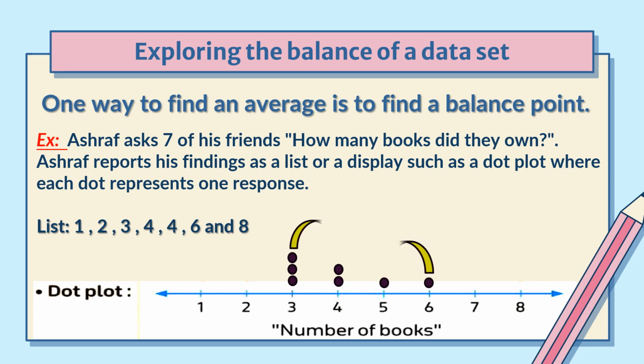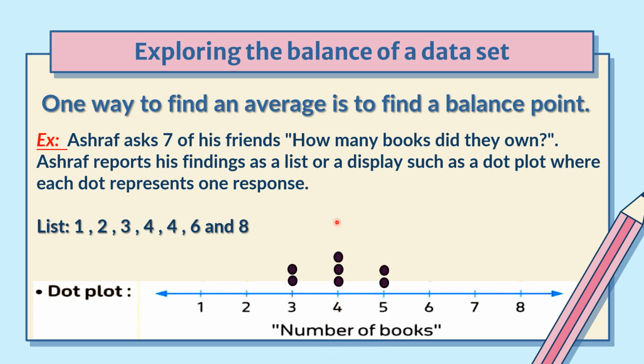Again, 1 point from the right with 1 point from the left. Now we have a symmetrical shape. We have here 4, and to the right of 4 we have 2 dots. To the left of 4 we have also 2 dots. So here is a symmetrical shape. So the balance point here is 4.